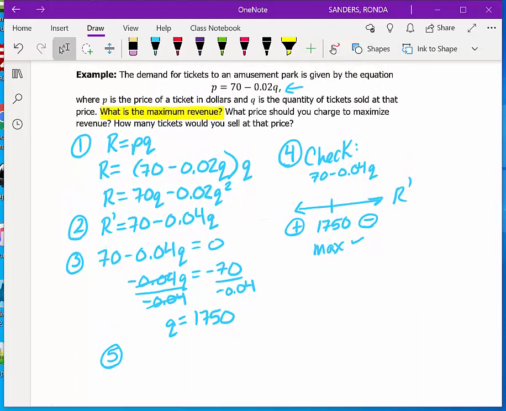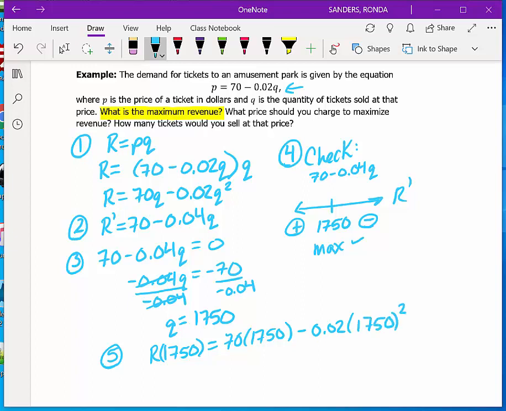This problem asked, what is the maximum revenue? To calculate this, we will evaluate R of 1,750. So we plug in 70 times 1,750 minus 0.02 times 1,750 squared.